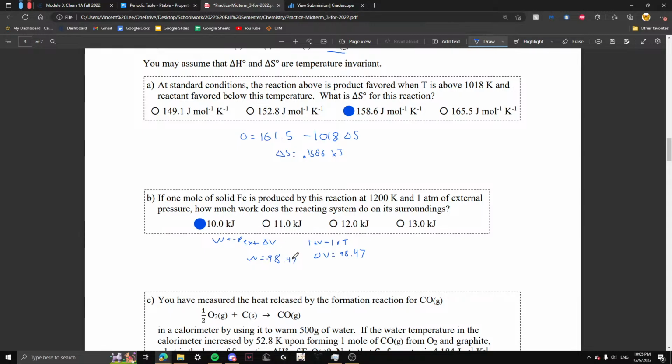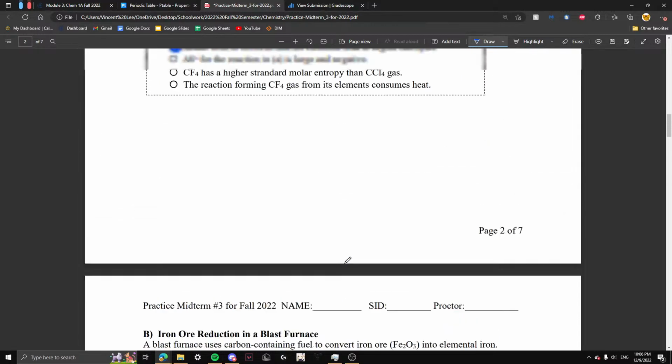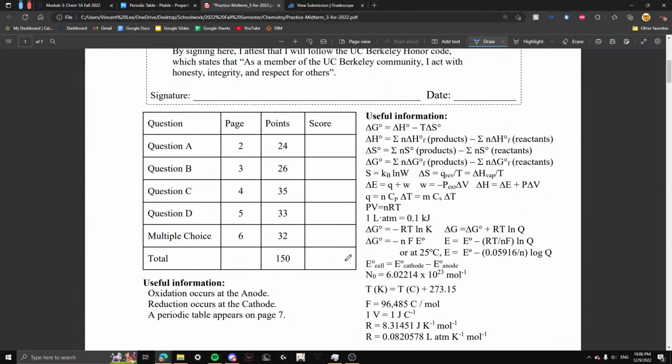Negative, and I think the units for this one are in joules, I think. But I think my units are messed up.